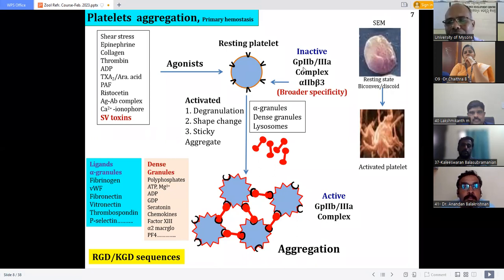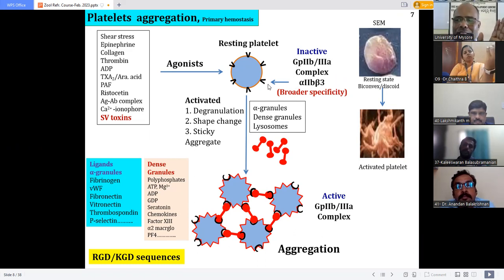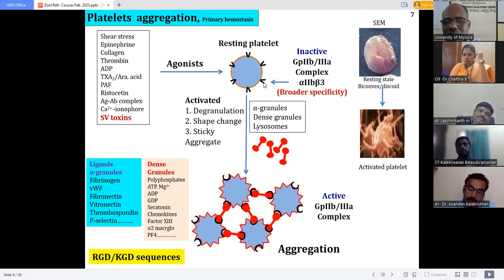the fibrinogen receptor, the glycoprotein 2b3a complex, also called alpha 2b beta 3, becomes active. In the resting platelets, the conformation of this complex is such that it cannot bind its ligand fibrinogen. As I mentioned in the cartoon here, this is a fibrinogen, it cannot bind fibrinogen.